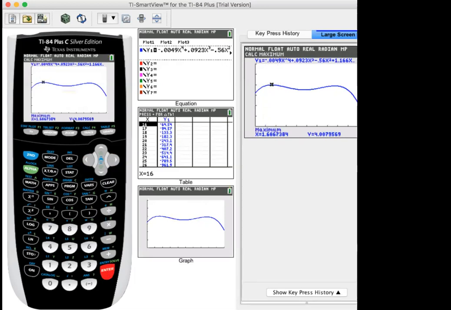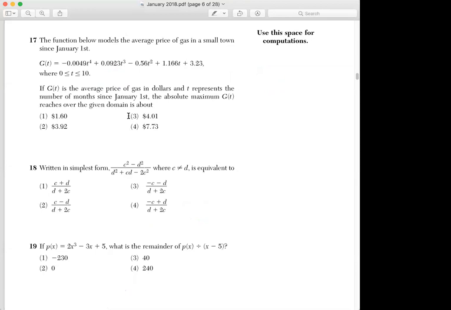And the y value is what we're looking for, because we're looking for the height. So it's 4.007, so 4.01 we can round it to. 4.01, and that is answer choice 3.